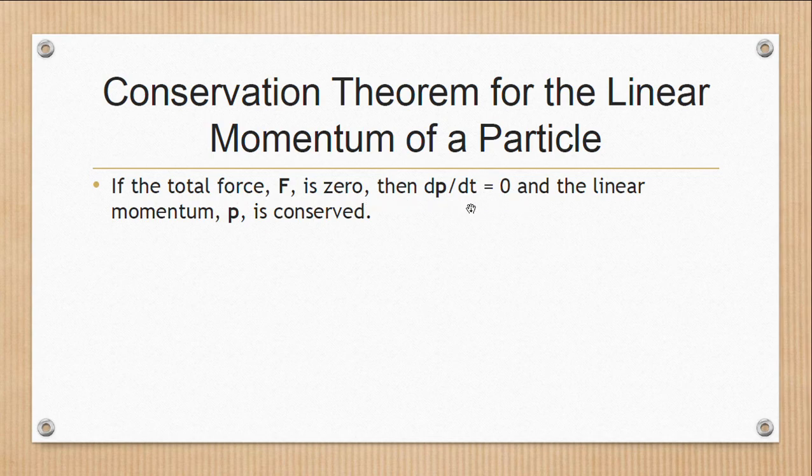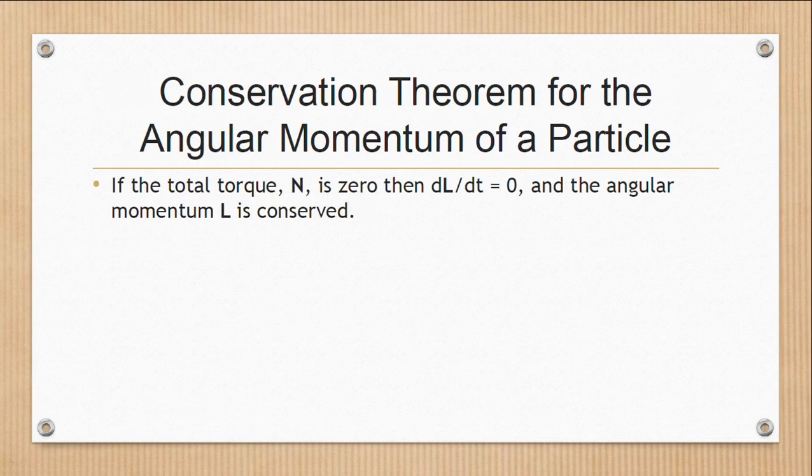Now, if the derivative of any function is equal to 0, we say that the function is constant. So from this relation, we can say that p is equal to constant. p is the linear momentum, so p equal to constant means the linear momentum is conserved. This is the conservation theorem of the linear momentum, which is derived from Newton's second law of motion.